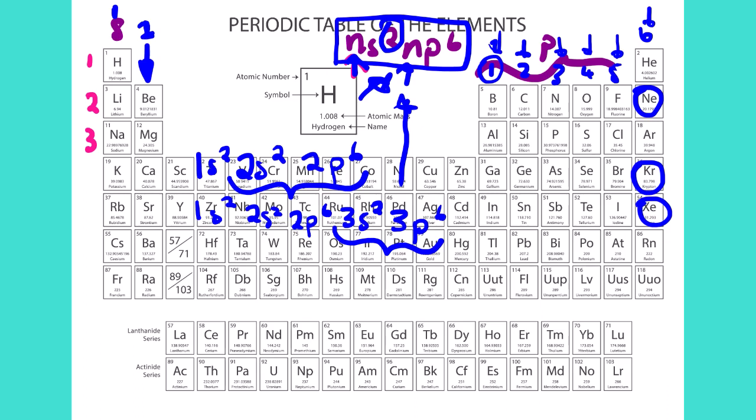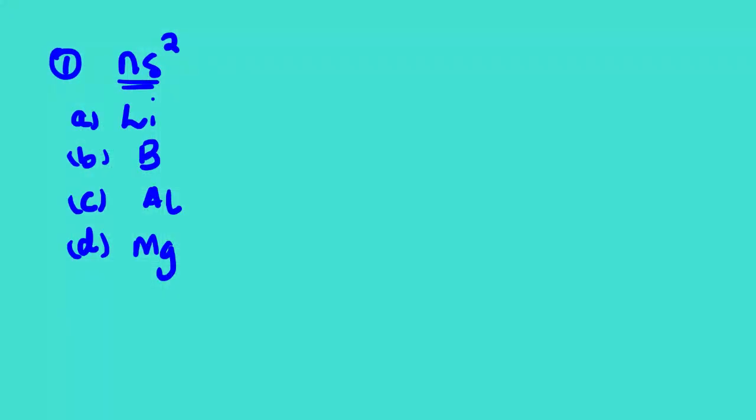Now we are going to go through multiple choice questions. Just make sure you have a periodic table of your own so that you'll be able to answer these questions. Let us start with the multiple choice questions. Amongst the following elements, which one has the outer electronic configuration of ns2? Now we need to check.